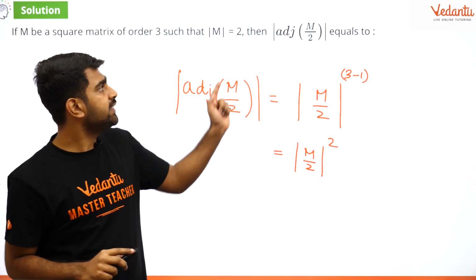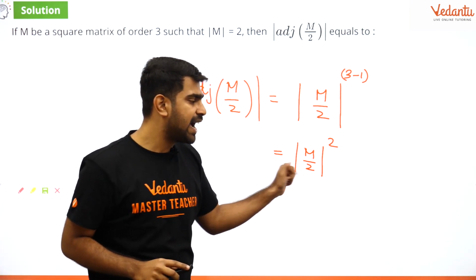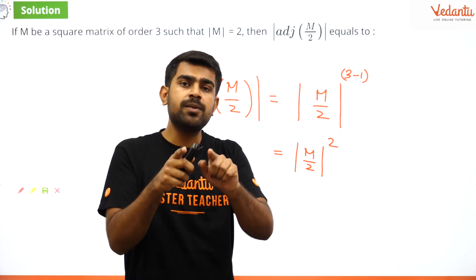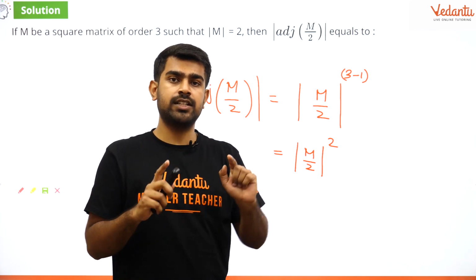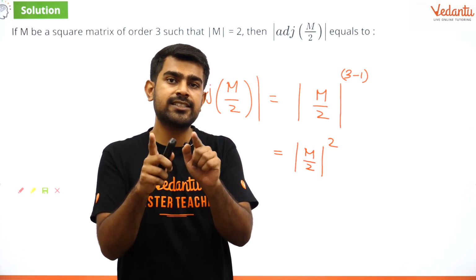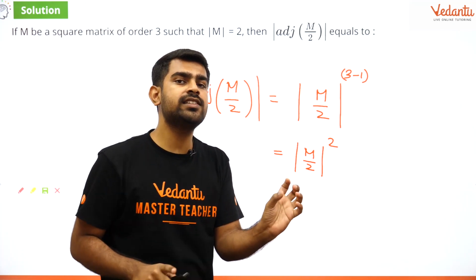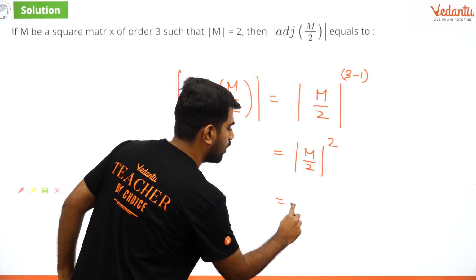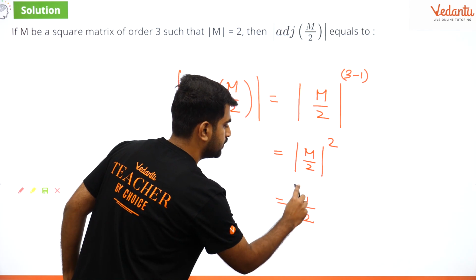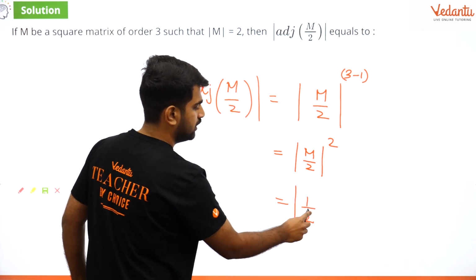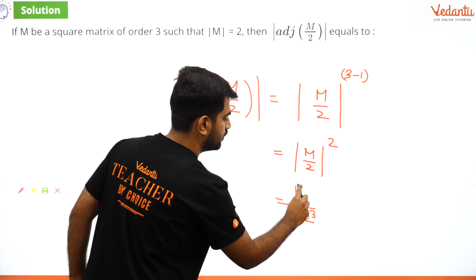Now we know the determinant value of M, but what do we have here? We have M by 2, right? So whenever a constant comes out of a determinant, what do we do? Any idea? Whenever a constant or a scalar comes out of a determinant, we raise it to the power of the order of the matrix. So that is exactly what I am going to do here. This is going to be 1 by 2 raised to the power 3.